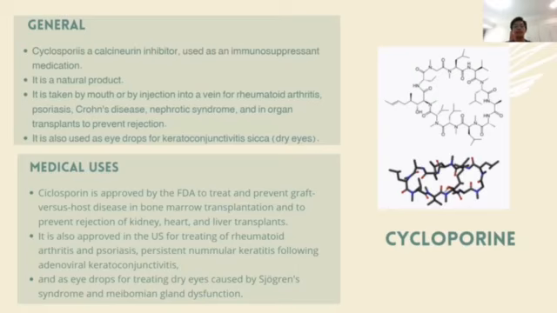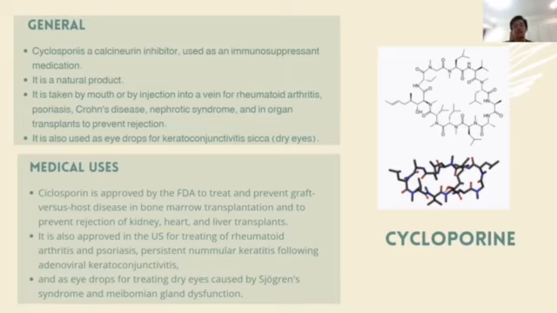Now, as said, cyclosporin is used for organ transplant and other diseases that mainly focus on the immune system. Cyclosporin is approved by the FDA to treat and prevent graft versus host disease in bone marrow transplantation and to prevent the rejection of organs in transplants.